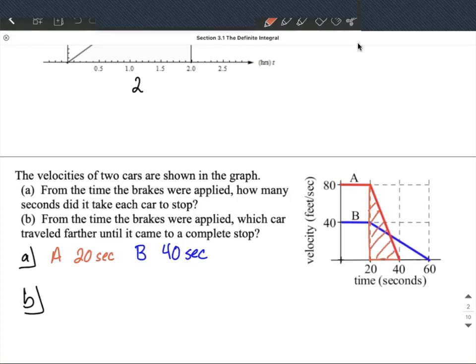The area of that triangle is 1/2 base, which was 20 seconds, times height, which was 80 feet per second. A little bit of simplifying, our seconds go away, and we have a distance of 800 feet.